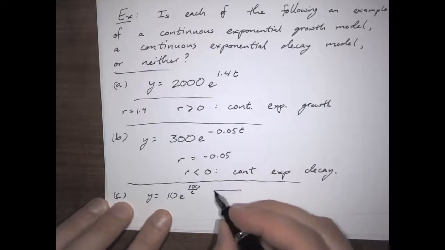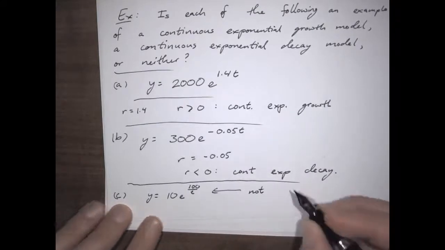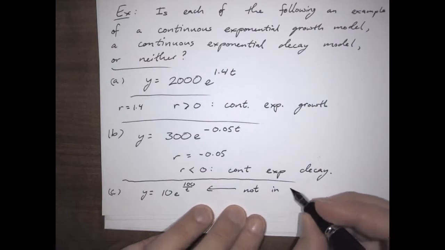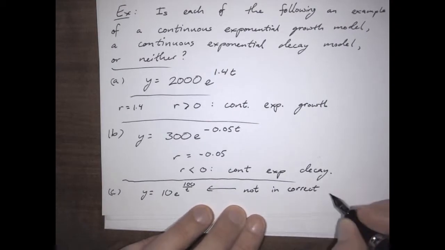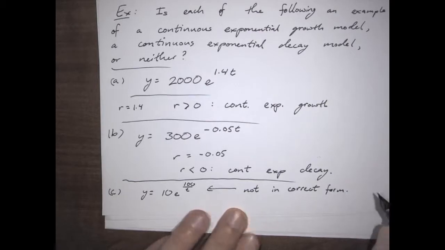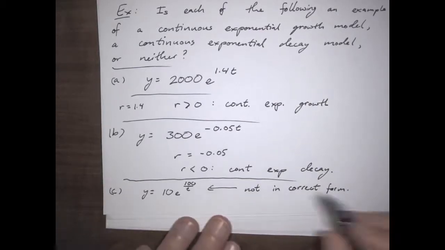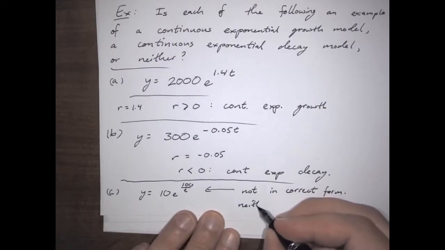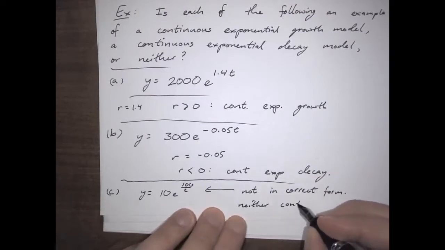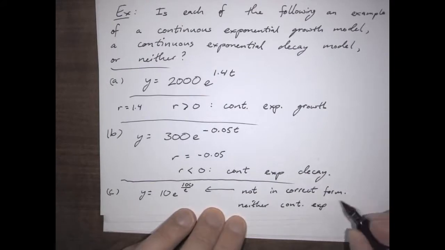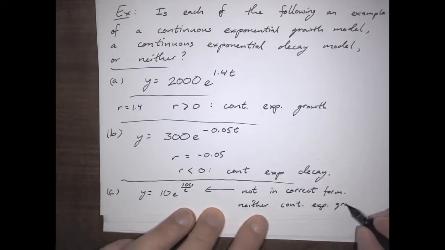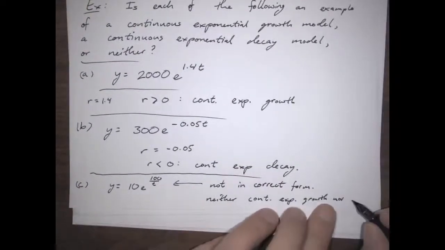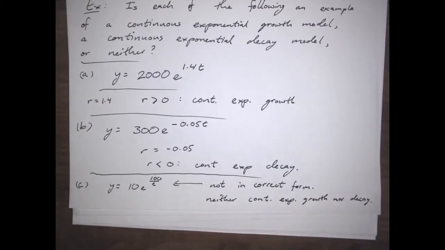So this is not in correct form, which means this is not exponential growth or decay. It's something else. Neither continuous exponential growth nor decay. It's got its own thing going on.